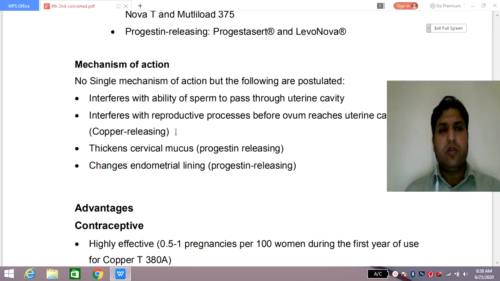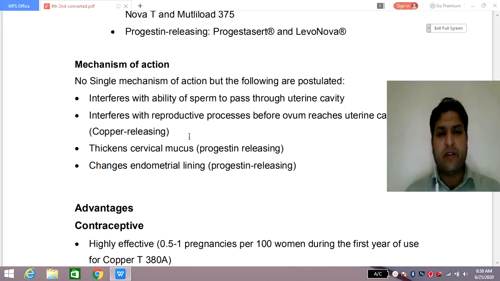Mechanism of action: no single mechanism, but different ways. Interfere with the ability of sperm to pass through the uterine cavity. Yes, interference should be there. Interfere with the reproductive process before the ovum reaches the uterine cavity. This is related to the copper. It interferes with the chain process which is responsible for the fertilization mechanism.